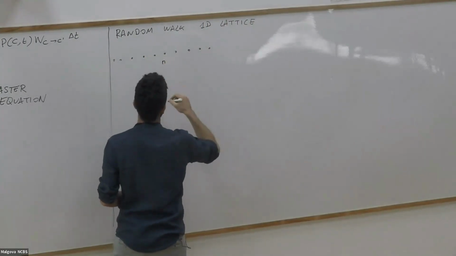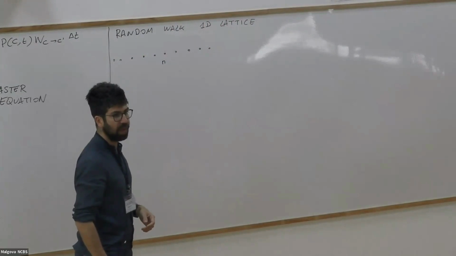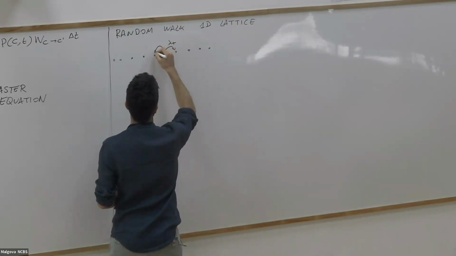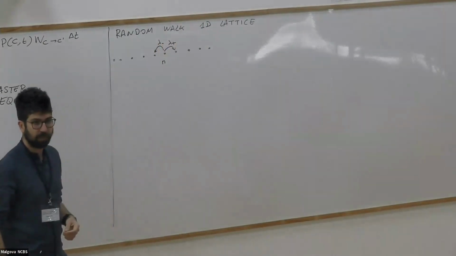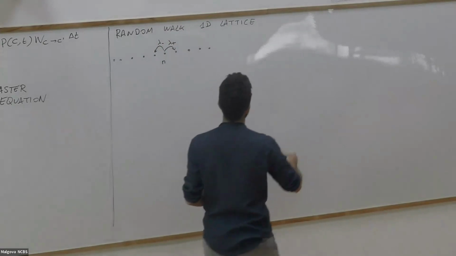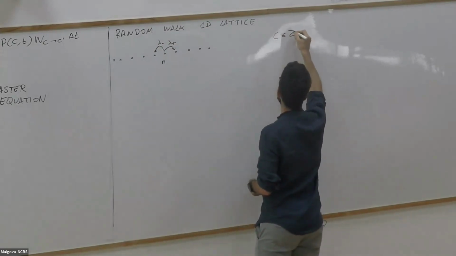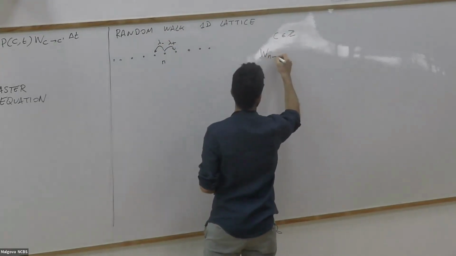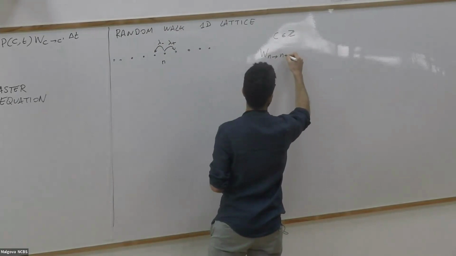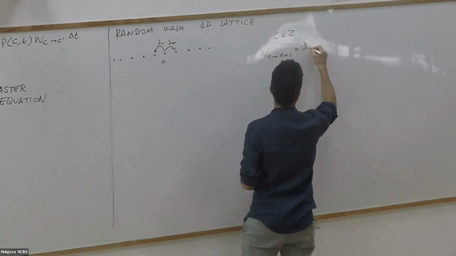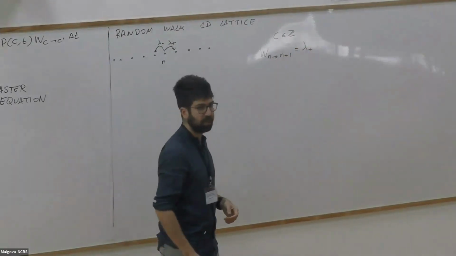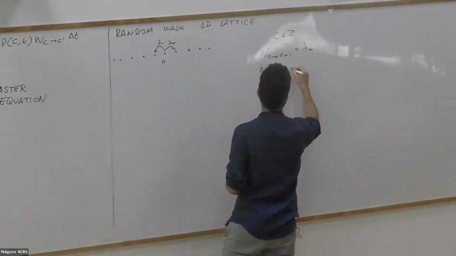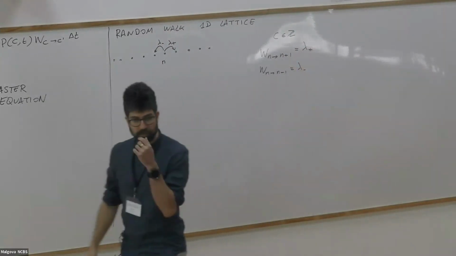So we are in a position, let's say n, and we have some rate at which we go to the right, and some rate at which we go to the left. In our case, our configurations are the integers, and there are two rates. The rate at which we go from n to n plus 1 is lambda plus, and the rate at which we go from n to n minus 1 is lambda minus.